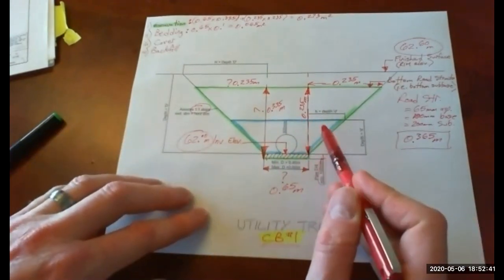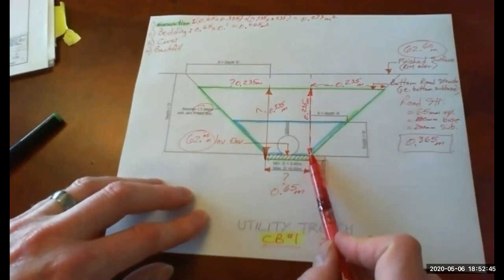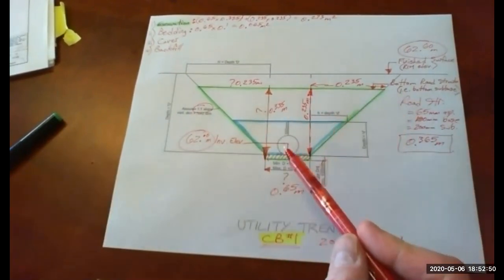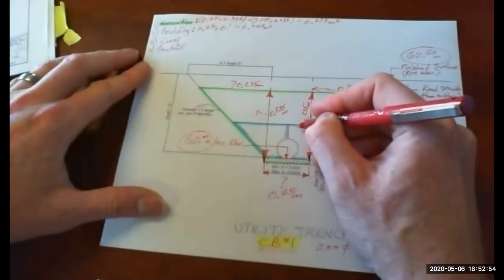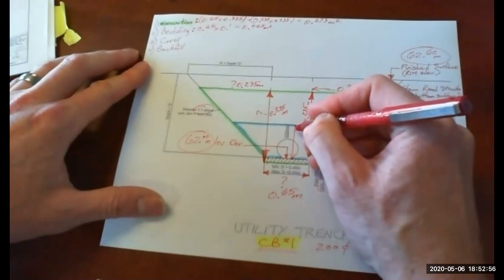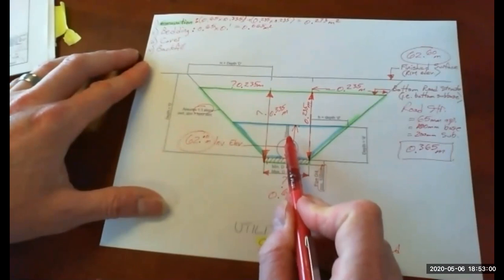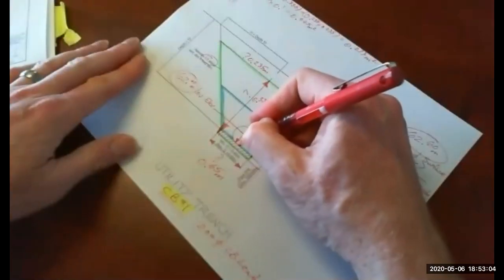So you can do a similar triangle calculation here and a similar rectangle in the middle. So what are we looking at here for height? So if I try to draw this inside here. So we've got our pipe is 200 plus another 300. So that's 500 high, so 0.5 meters.